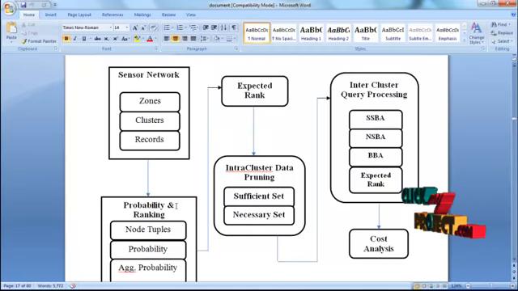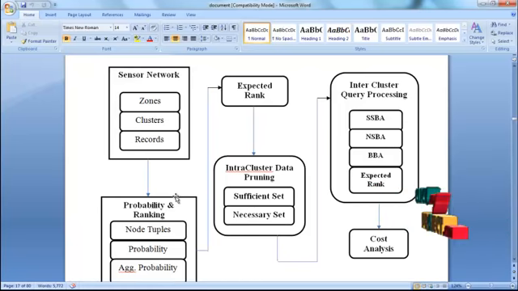After the ranking, we move to the expected rank method. In this method, we calculate the expected rank in the wireless network. After that, based on the ranking, we find the intra-cluster data pruning, where sufficient sets and necessary sets are present in intra-cluster pruning.